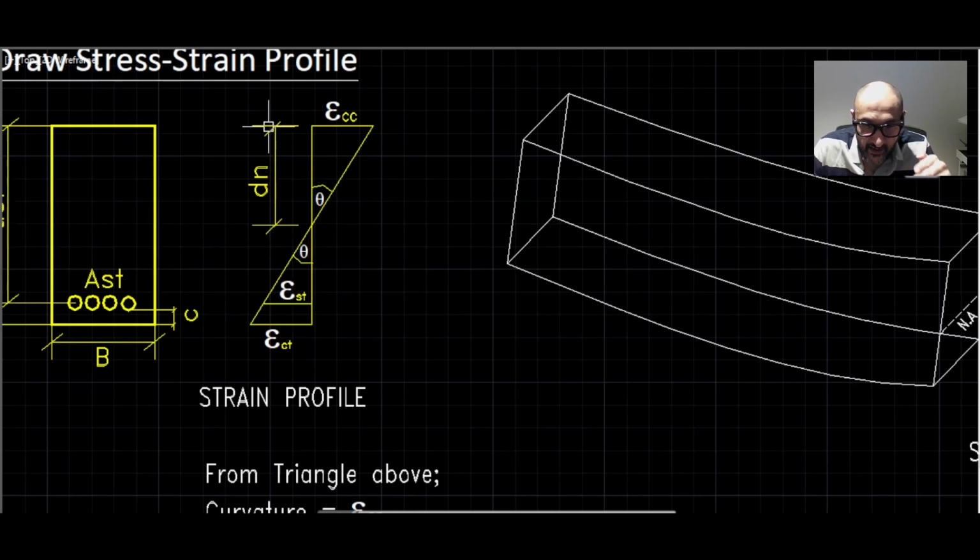Then we draw a line to the point where we have neutral strain, zero strain, and we call that dn, depth to the neutral axis. Okay. Now the depth to the neutral axis is always drawn from the extreme compression fiber, like shown here, to zero strain.